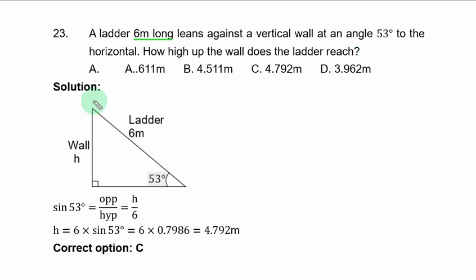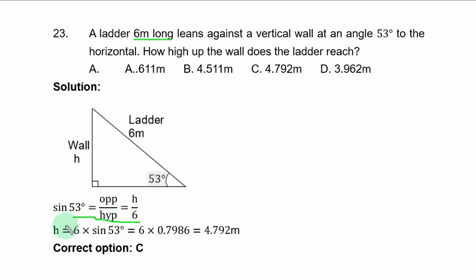So the wall is always vertical, and the angle with the horizontal is 5.3 degrees. The ladder is 6 meters long, so to get the height, you consider opposite and hypotenuse. You use sine of 5.3 degrees equal to opposite over hypotenuse, and that is h/6.